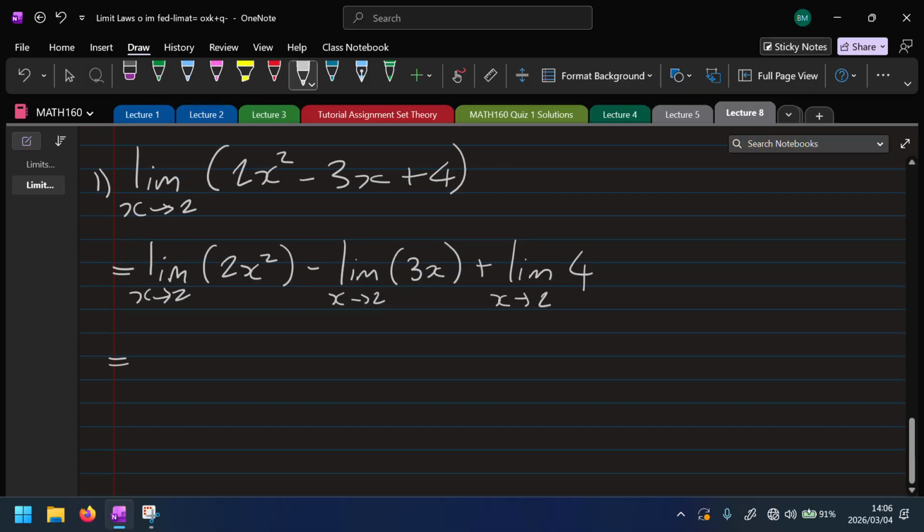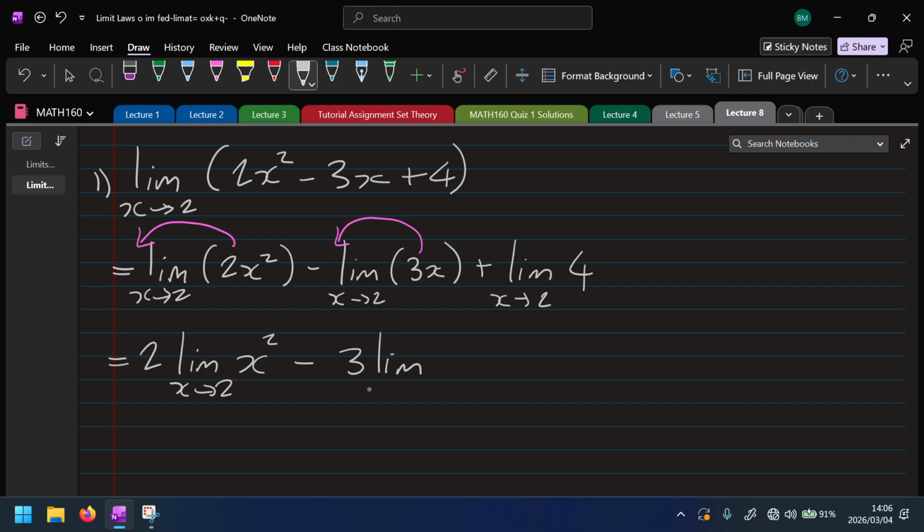For the first one, 2 is a constant, we can take it out of the limit. 3 is a constant, we can take it out of the limit. Everyone see what we did there?